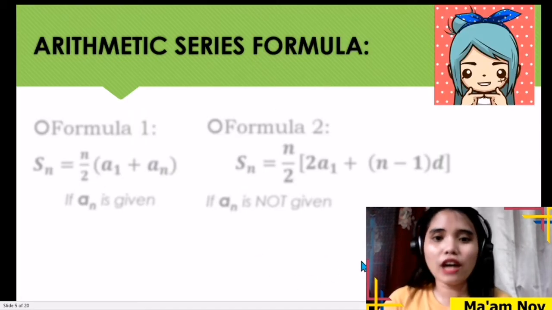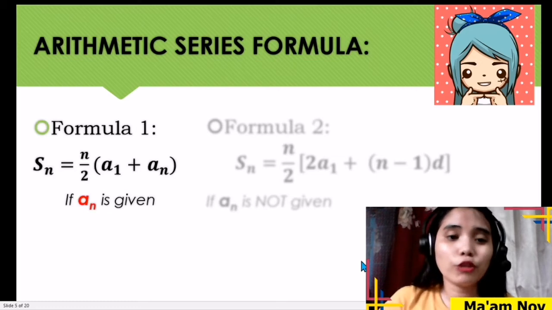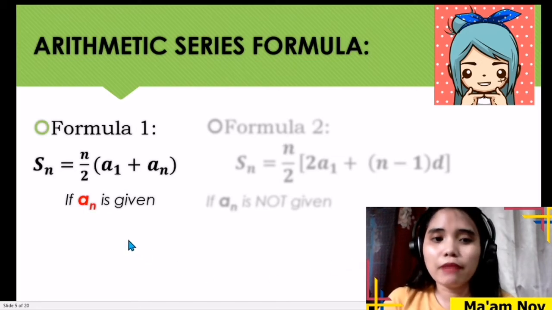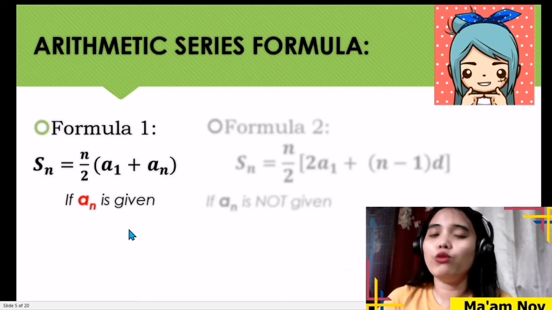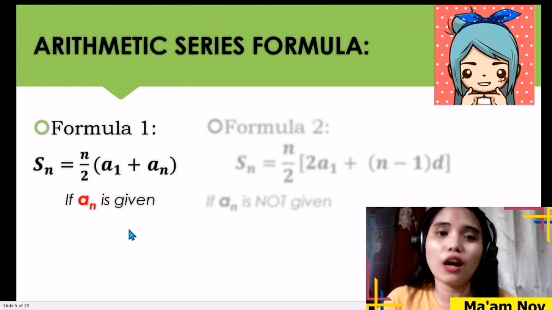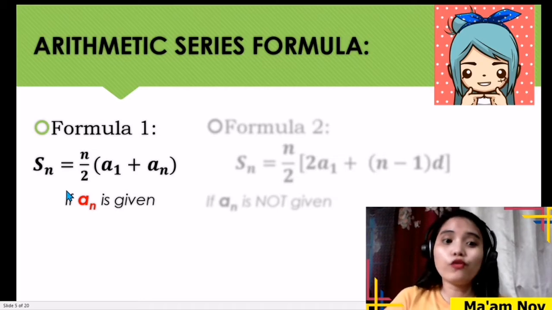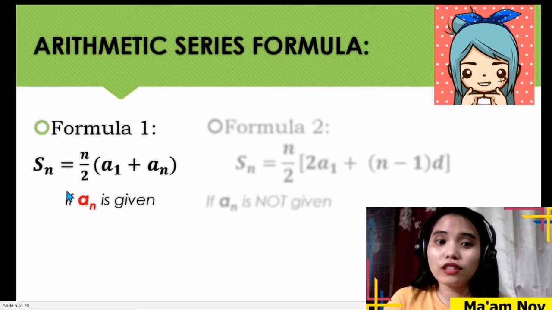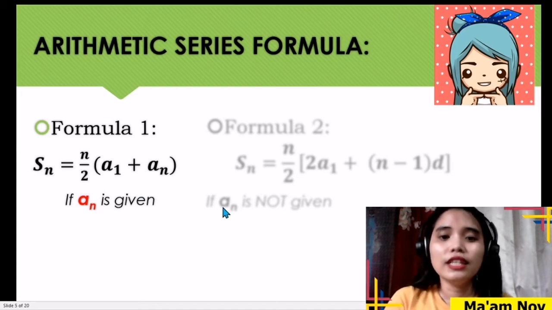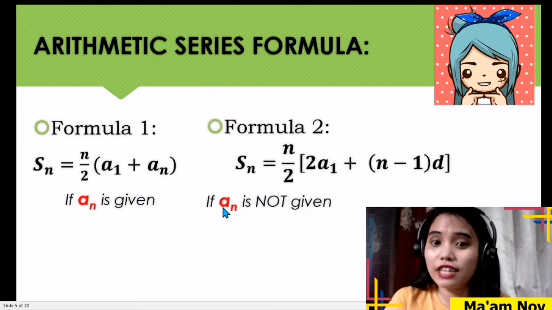Okay. So, we have two formulas. Formula 1, if A sub n is given, meaning if yung last term is given, so this is our formula. S sub n equals n over 2 times the quantity of A sub 1 plus A sub n. Now, what if the last term is not given?